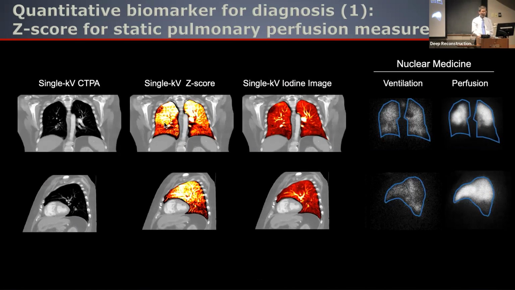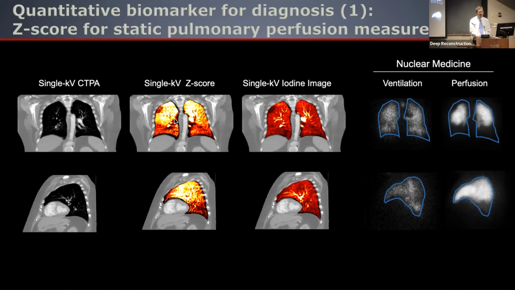The single kV Z-score really generates, for example in this subject, lower part perfusion defects. Somebody will say, well, in the clinic, dual energy will have the iodine image. You can do so, but that is not specific at all because everywhere is just uniformly enhanced by the iodine. Because of the specific pathological structures, there will be a lot of confounding factors in the iodine image.